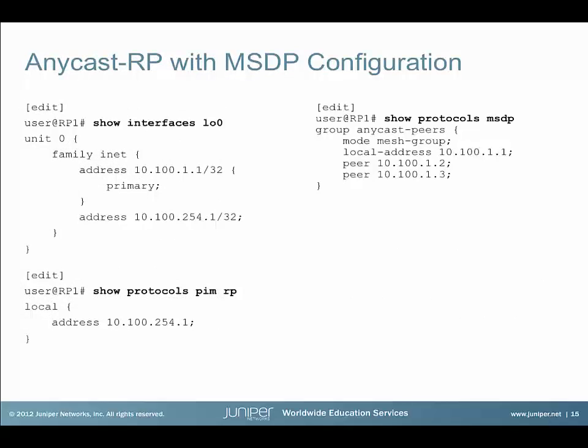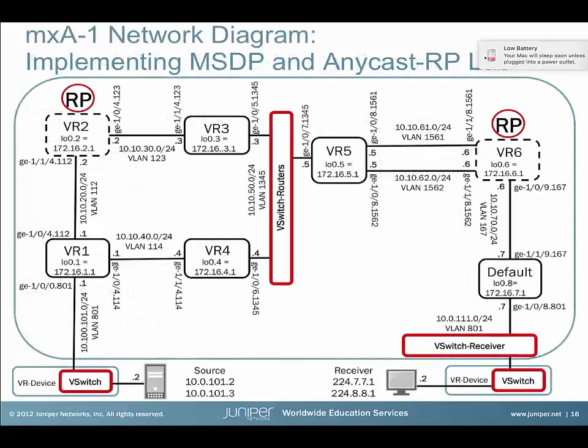You can also use MSDP for anycast-RP configuration. We'll be showing an example lab using anycast-RP with MSDP. A review of the lab diagram will show that we are using, on the left-hand side, the source addresses of 10.0.101.2 and 10.0.101.3.